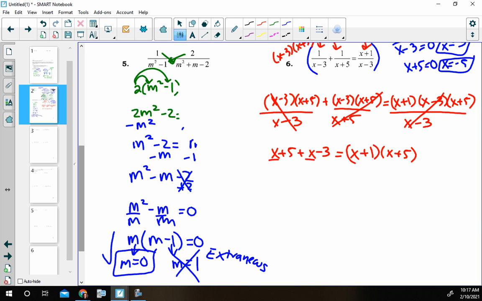So x plus x gets me 2x. 5 minus 3 is 2. This gets me x squared plus 5x minus 1x plus 5, which I can make a 6x if I need to. So now I'm going to bring it all to the right because I'm going to end up factoring. So I'm going to bring my 2x over to be with this 6x.